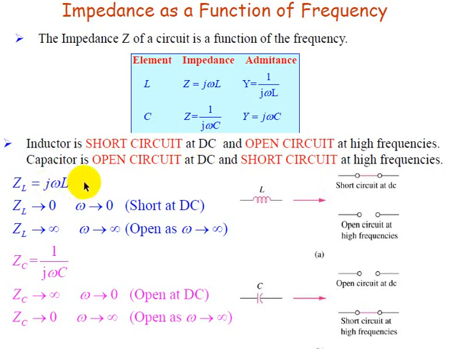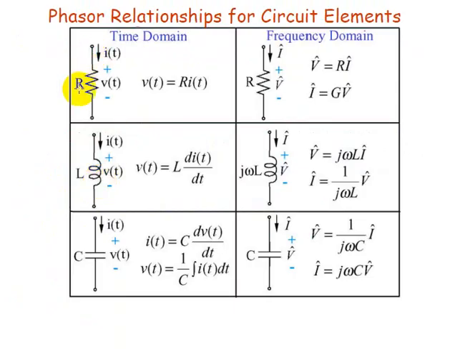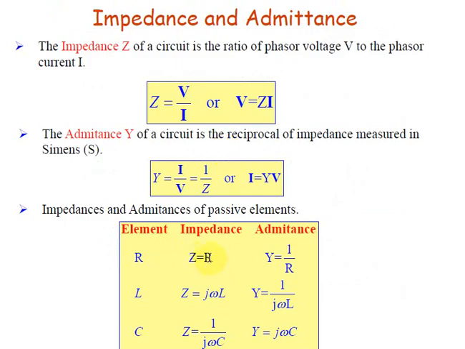If we talk about resistor, we don't have any frequency term in the impedance Z. Here Z equals R, which is a real term, and it doesn't depend on the frequency.